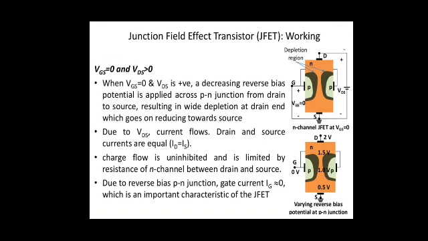The shape of the depletion region is a wedge shape. You have a wedge shaped depletion region in a JFET. As the reverse bias is more at the drain terminal, the depletion region thickness is more at the drain terminal compared to the source.